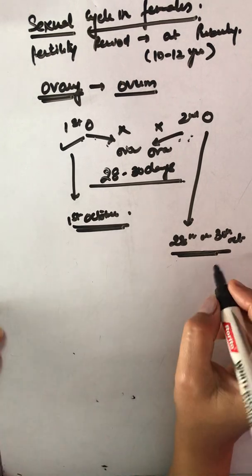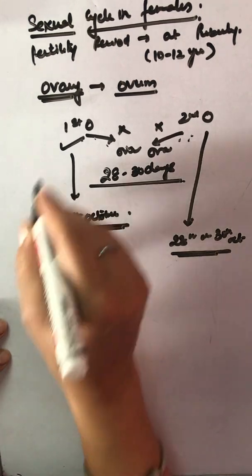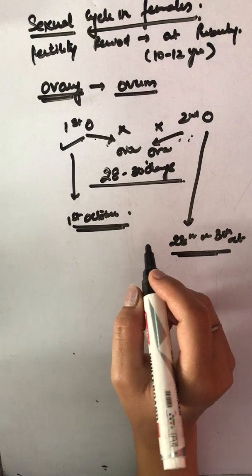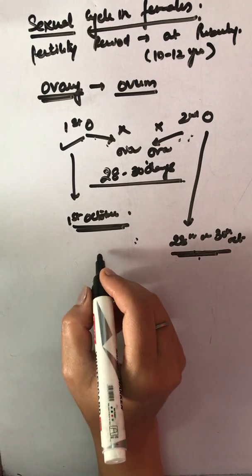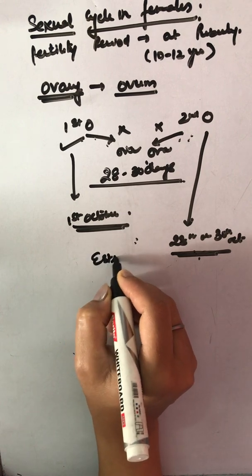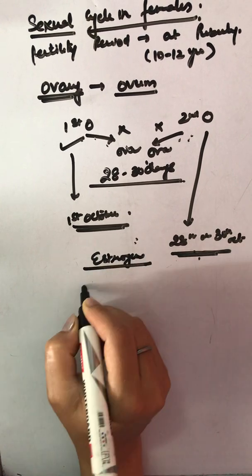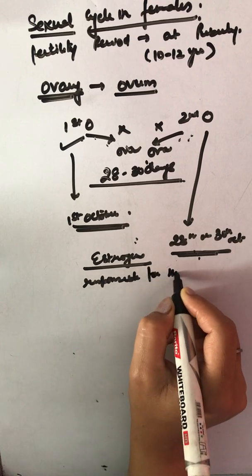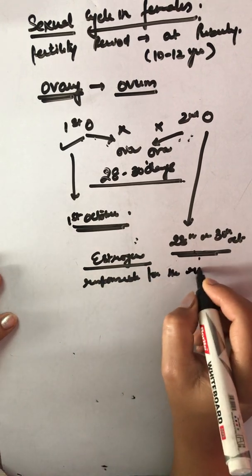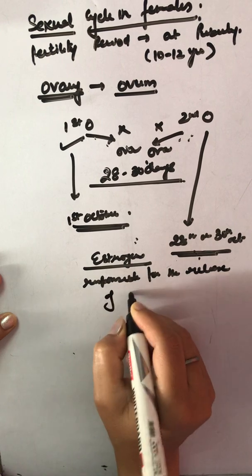And then the next ovum is obviously released from the first one. So this way the release of ova is controlled by a female hormone. Which hormone? Estrogen. It is responsible for the release of ova.